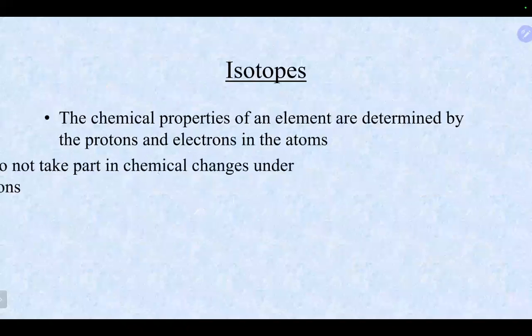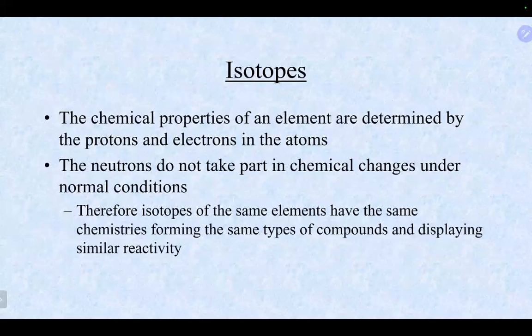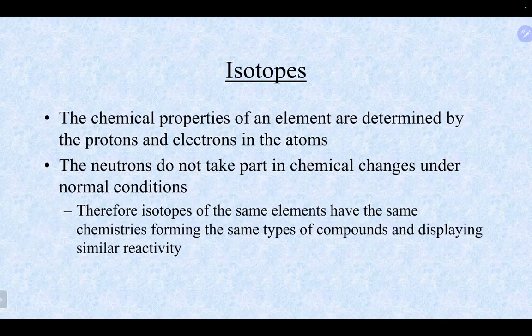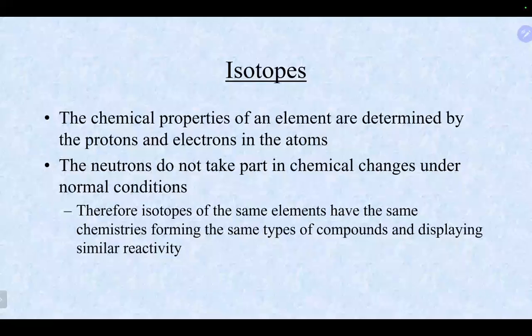All right, so we talked about isotopes, and again, one of the nice things about isotopes is that they really do sort of perform the same way, regardless of what isotope it is.